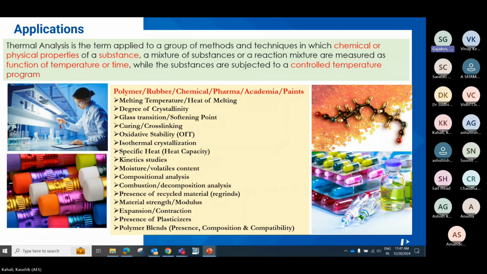The range is so wide that you can get a lot of information from thermal analysis.